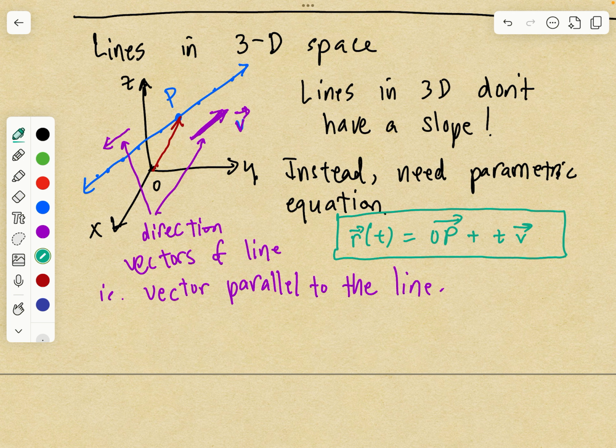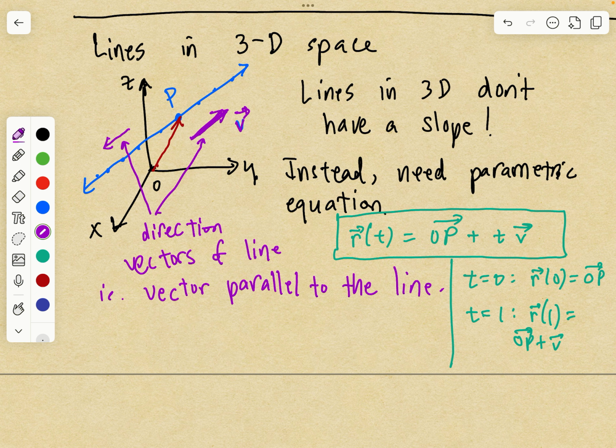Okay, let's think about why that is true. If you take t equals 0, then you get r of 0 equals OP, which is corresponding to the point P. If you take t equals 1, then you get r of 1 equals OP plus V. OP plus V, what's that?